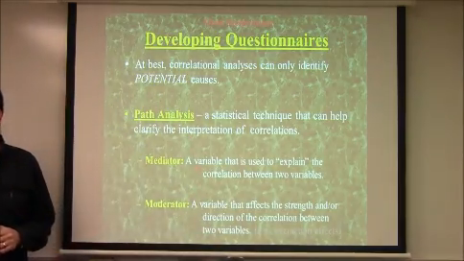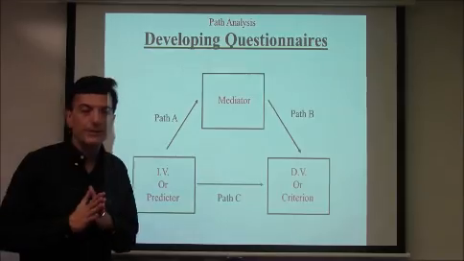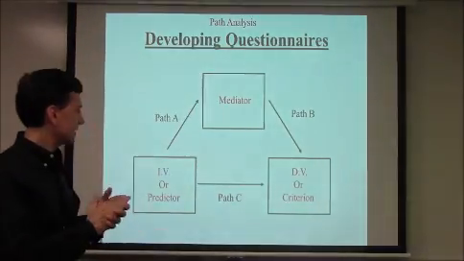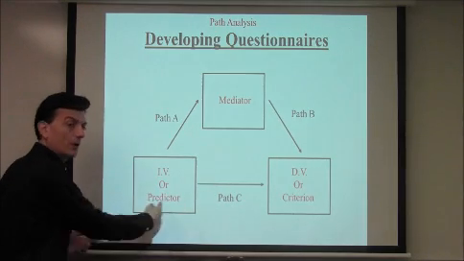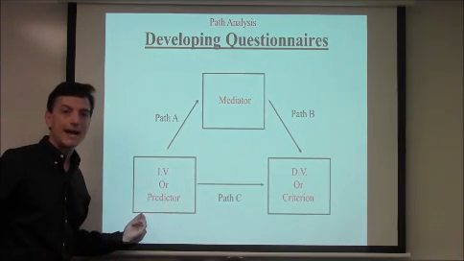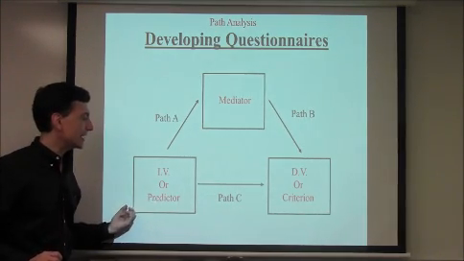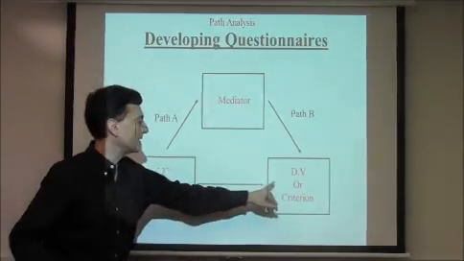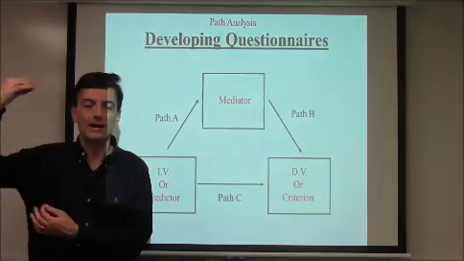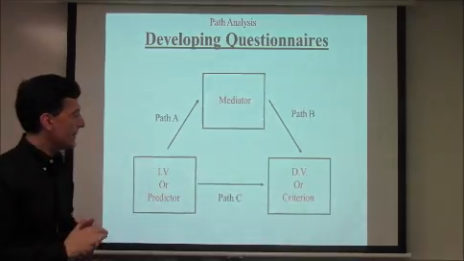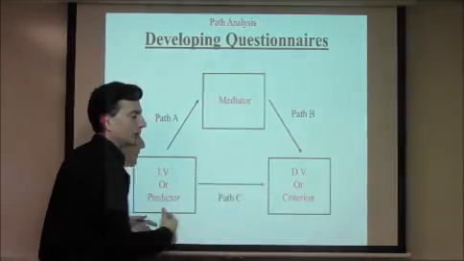Let's see if we can jump in and understand by way of picture how the mediator might look. Okay? Let's say that you and I are really interested in this independent variable, which we call a predictor, typically plotted on our x-axis on a scatter plot, and we're interested in how that relates to our dependent variable or criterion, which is plotted on the y-axis or our ordinate. Okay? And we're showing that maybe we have a strong relationship there.